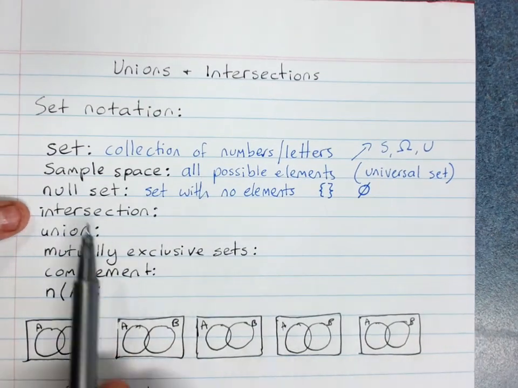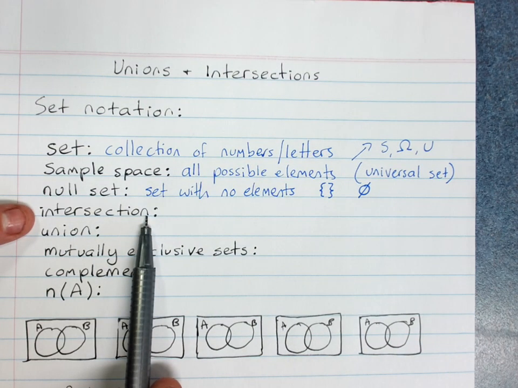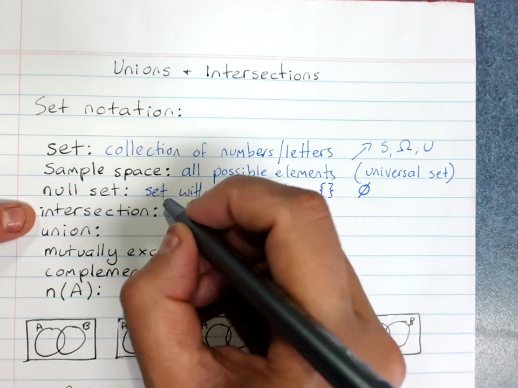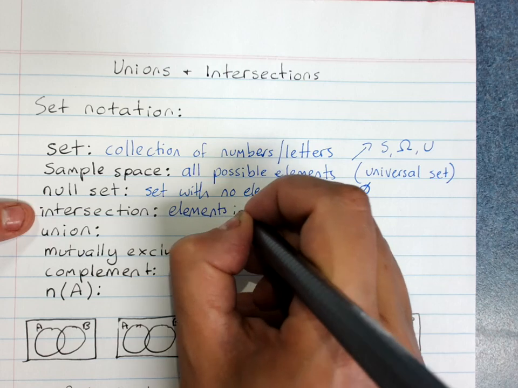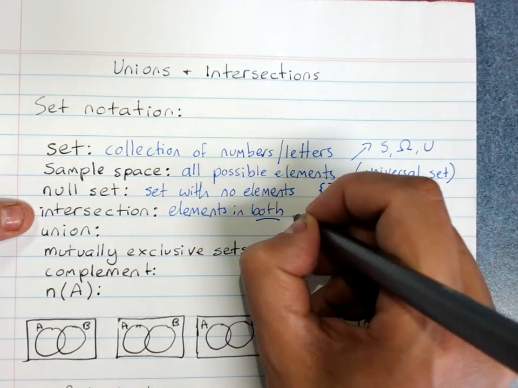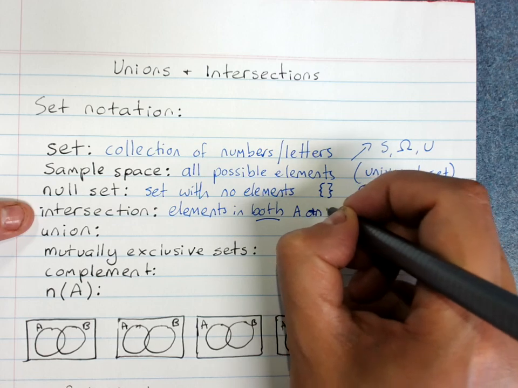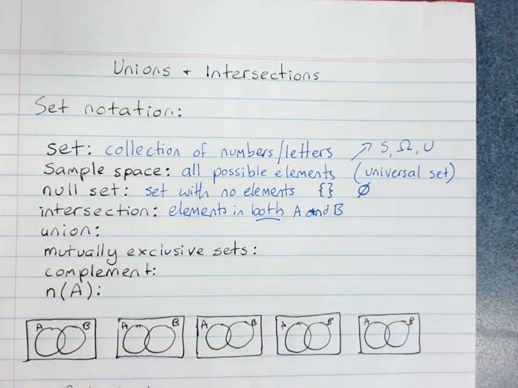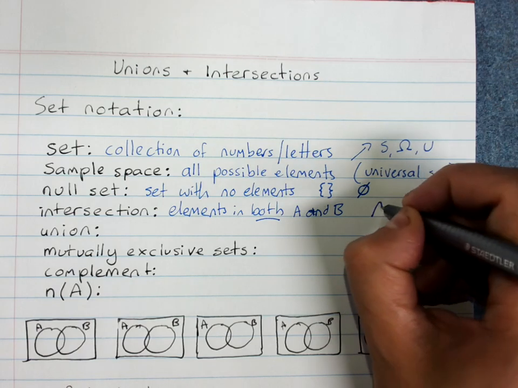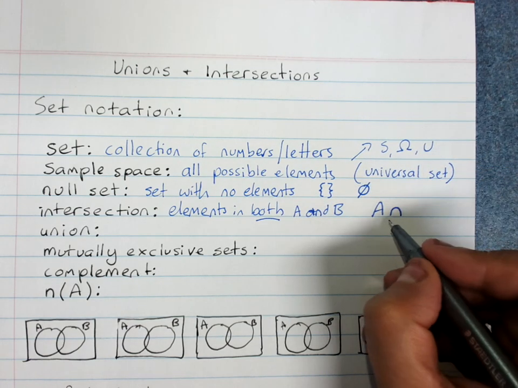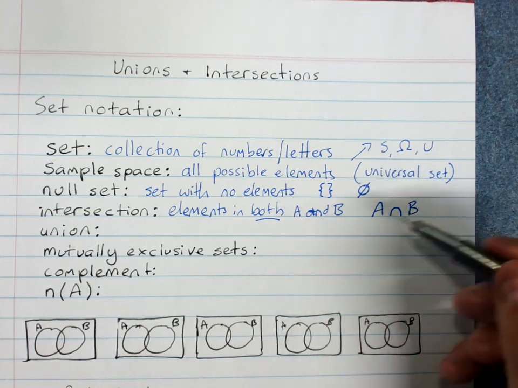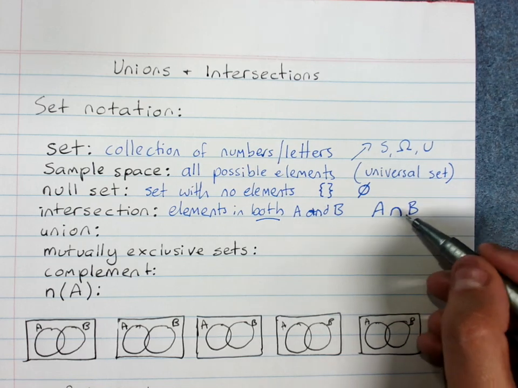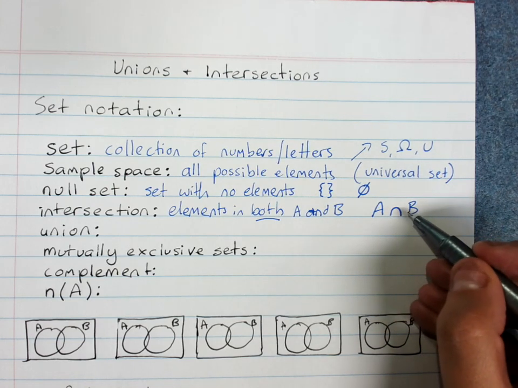When I look at the intersection of two sets, it's which numbers are in both set A and set B. So the intersection is the elements in both A and B, and the notation for that is A ∩ B. This just means the intersection of A and B. I know it looks like A and B, like rock and roll or R&B, and that's a good way of remembering it, but it's not actually an N. It is an upside down curve.